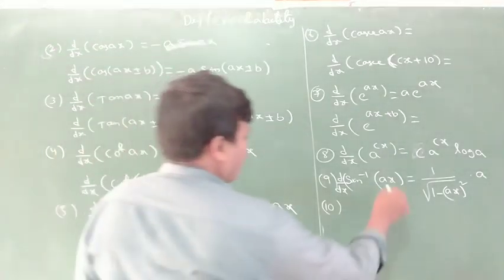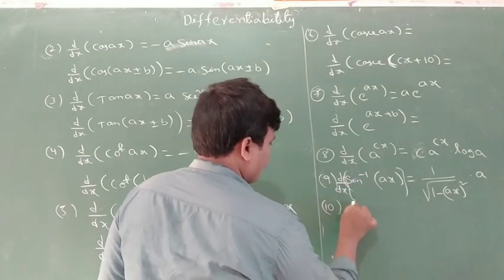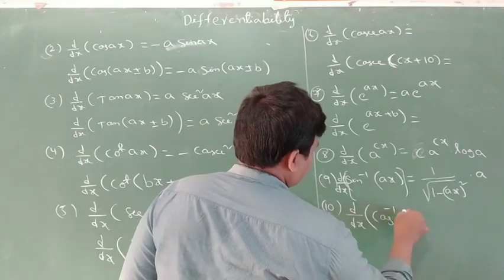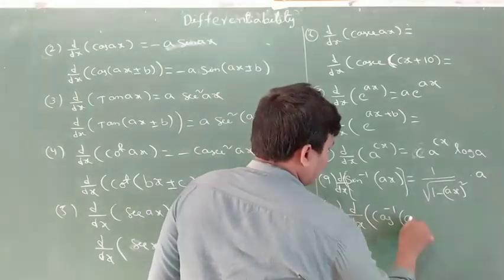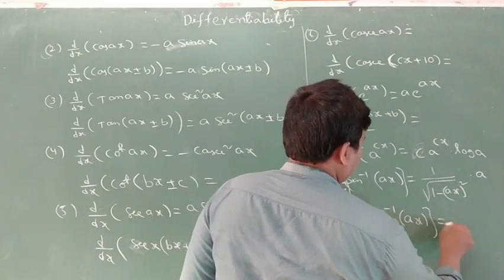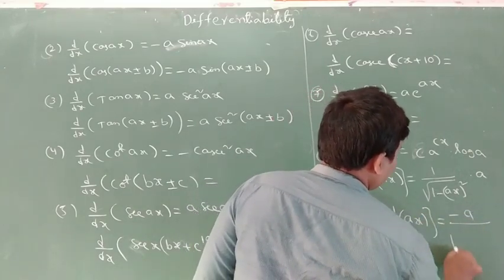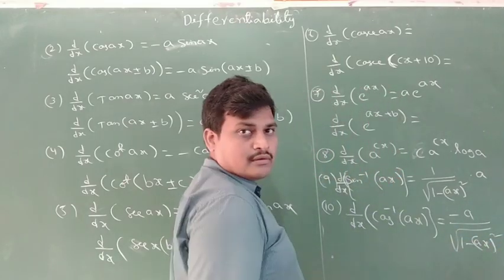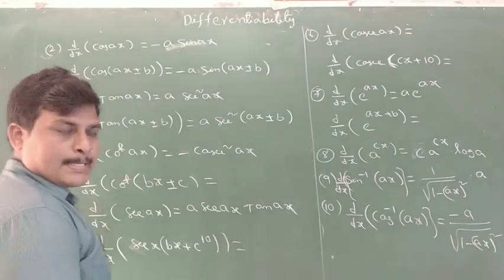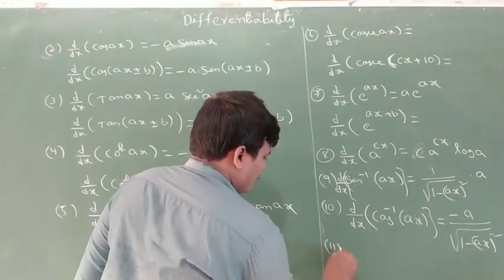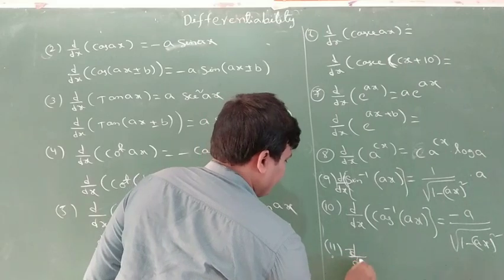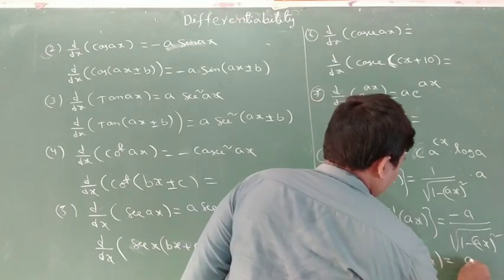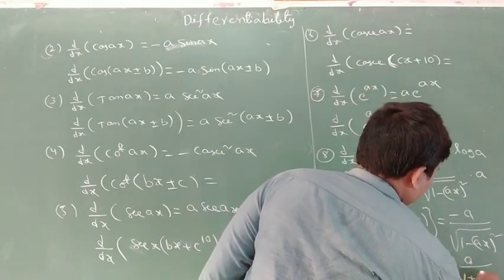Tenth one, d by dx of cos inverse ax is equal to minus a by root of 1 minus ax whole square. d by dx of tan inverse of ax is equal to a by 1 plus ax whole square.